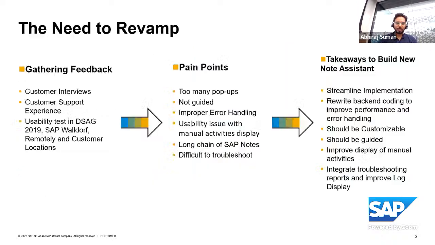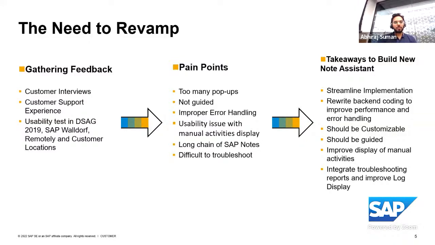So what was the need to revamp? We have had this old S-Note for quite some time now, and the idea was to build something capable enough to meet the user experience that our customers want. In order to do this, we gathered feedback from customer interviews.